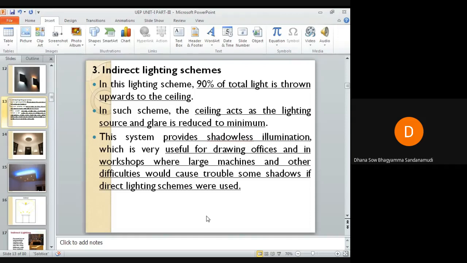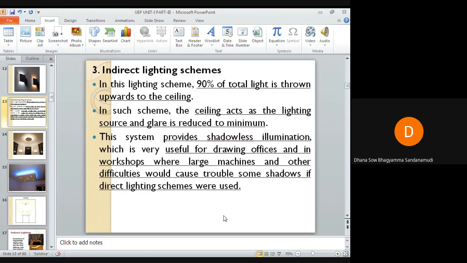Okay. So in practice, people who mostly use drawing offices, those who want to draw, prefer shadowless illumination. So indirect lighting is preferable for drawing offices, and for offices or industrial places which use large machines.